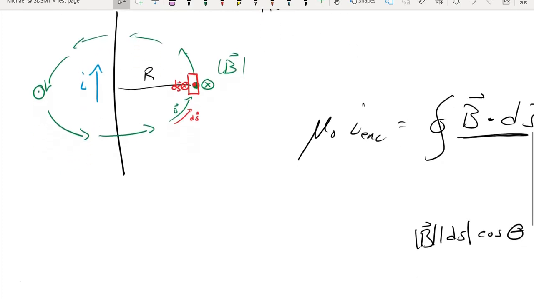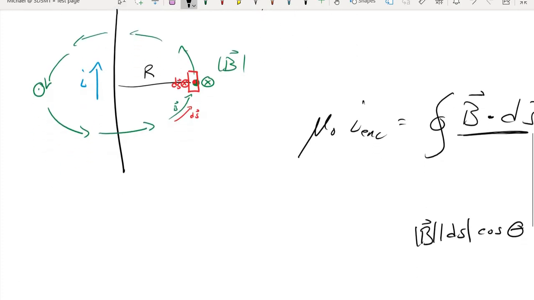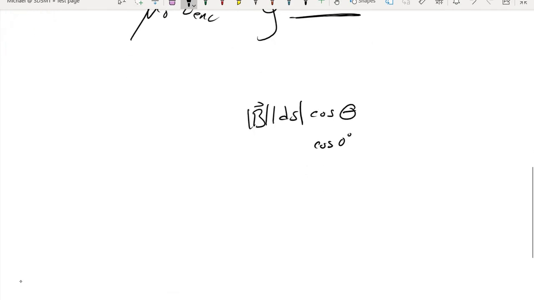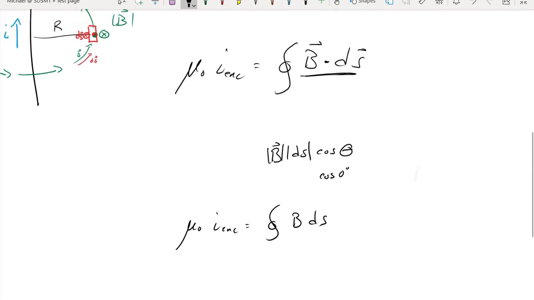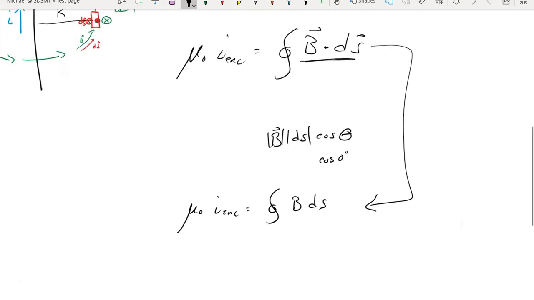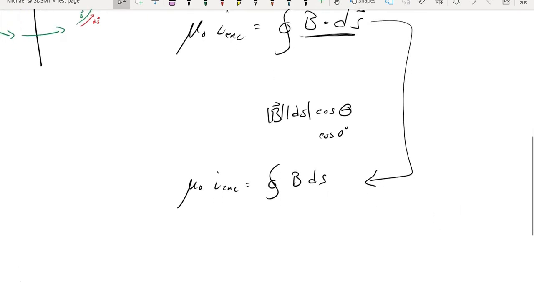And if those two vectors are always running parallel to each other, that means we have a 0-degree relationship, and cosine of 0 goes to 1. That brings our Ampere's law expression to this. I know it doesn't look much different, but we do have to evaluate any of our vector products before we attempt the integration process. Mu naught is a constant.